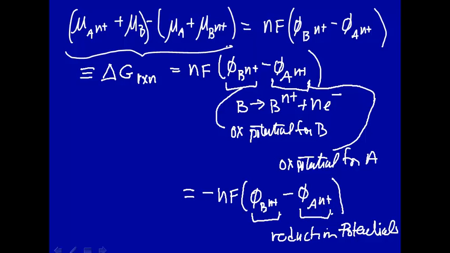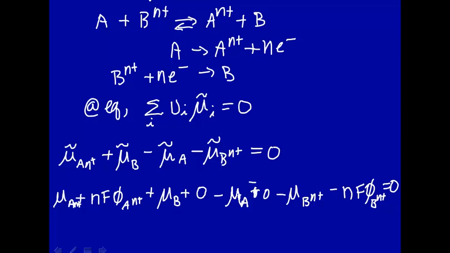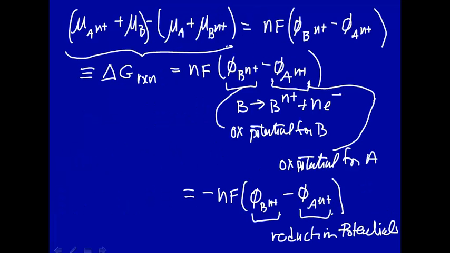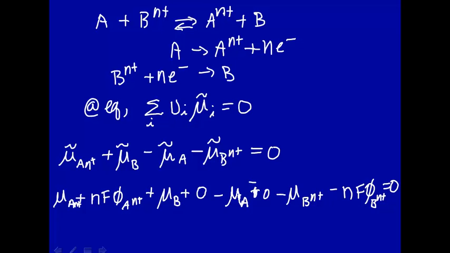All right, so now if we look at this, compare it with what we had here. So we had Bn+, that's the reduction potential of what's actually being reduced, minus the reduction potential of what's being oxidized.